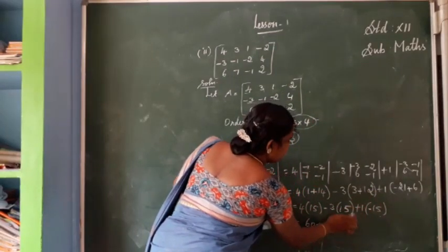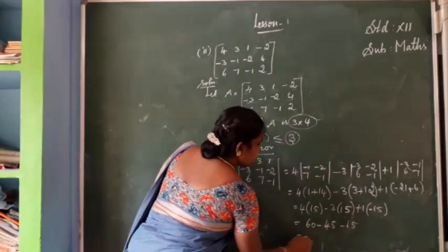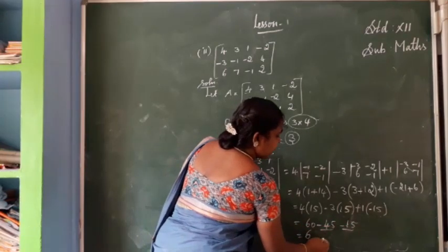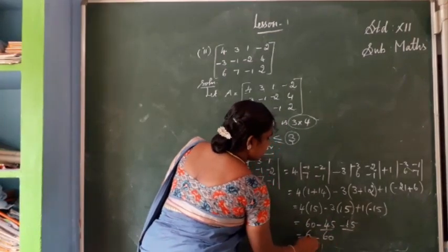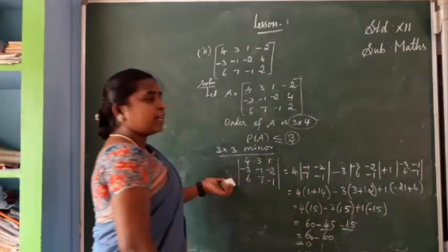Okay, 3 fifteens are 45. Now you see 60, both are minus, so add the value: 45 plus 15 is 60, so 60 minus 60 equal to 0. So the first minor we got 0.